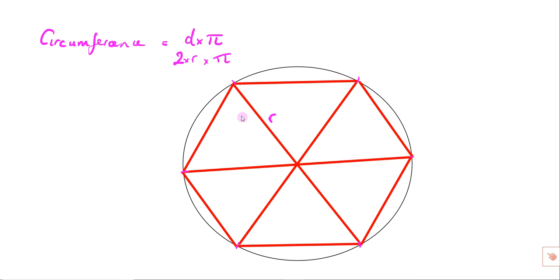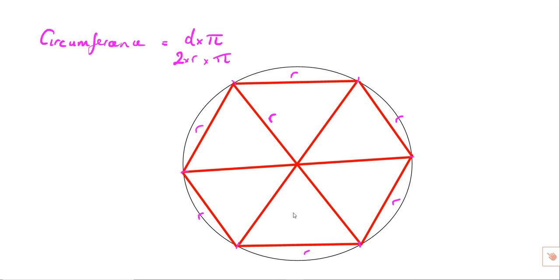So the question I'm asking you is: are all of these outside ones exactly the radius? If you've got an answer, come and ask me.